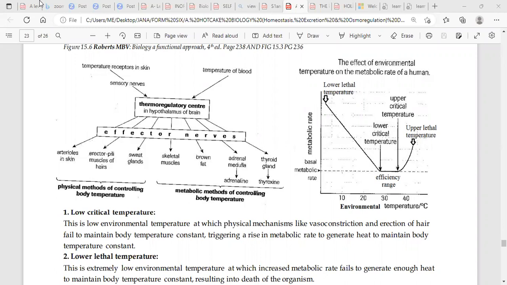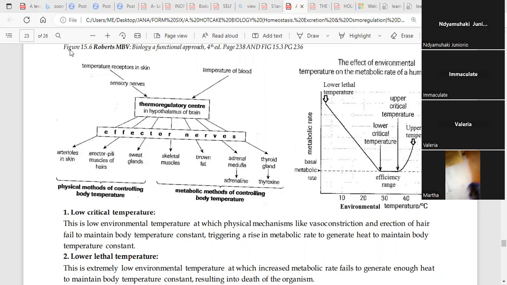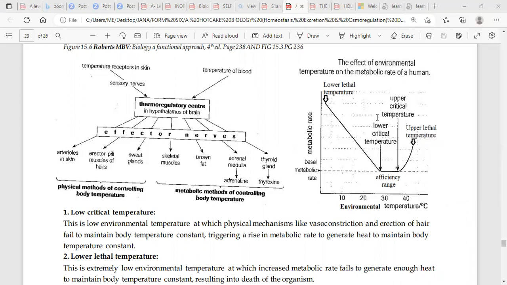But look, a point reaches when these mechanisms cannot maintain the body temperature beyond that. So once they cannot, there is triggering or stimulation of a rise in metabolic rate, which will generate heat to maintain body temperature.